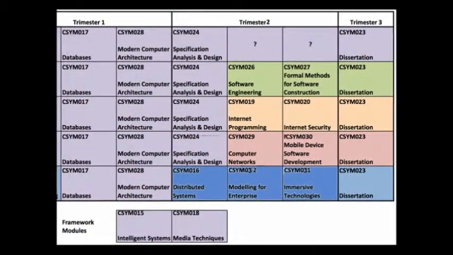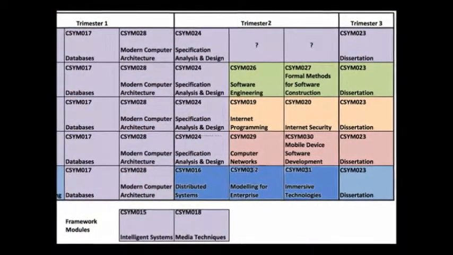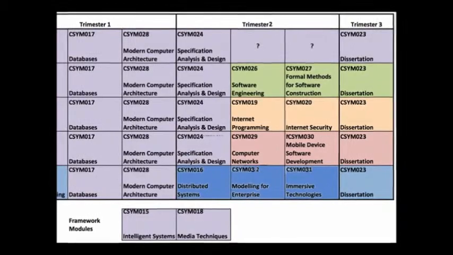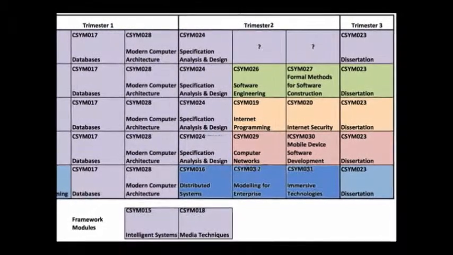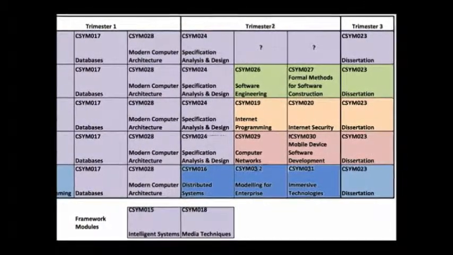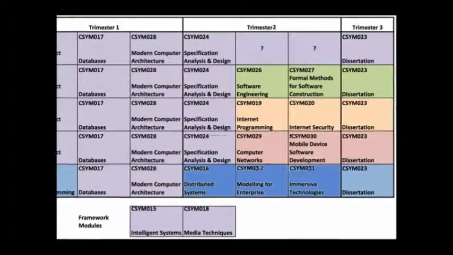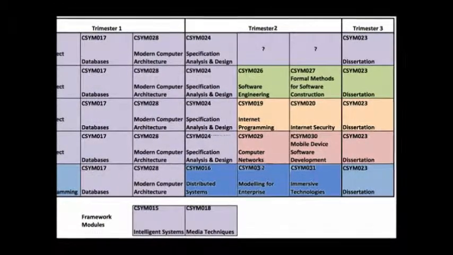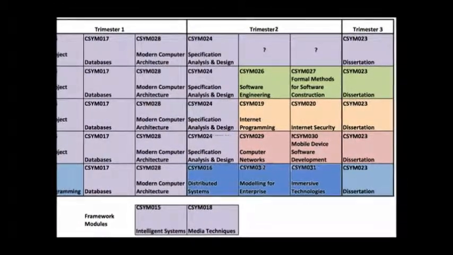So usually this module is taken as the last part of the course. Not always, but usually. What we try to do with this is really to pull together elements of the course.